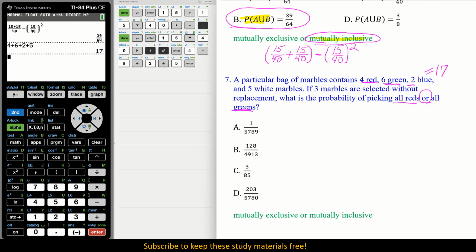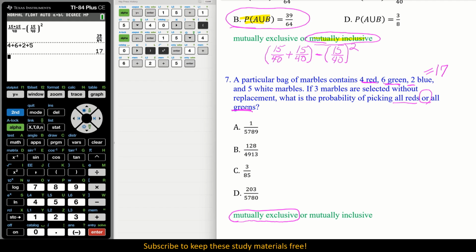And then we're not replacing, so once that one probability happens, we're taking away the ability for it to happen exactly the same again because we're taking out the repetition. So that means we have an exclusive situation, so we won't have to subtract any repeats. There is no repeat probability.